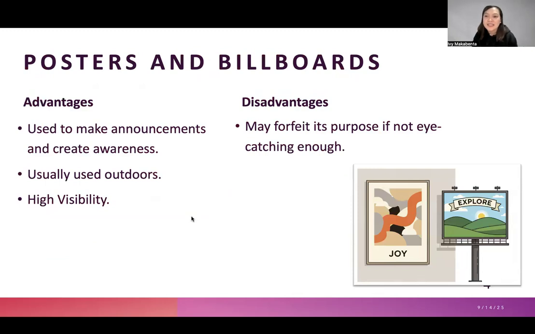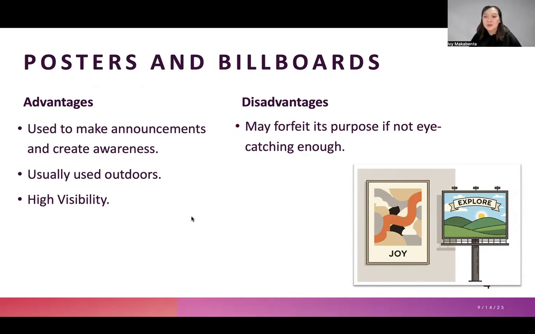Next, we have posters and billboards. The effectiveness of these two relies heavily on their location. They are usually placed in high traffic areas such as roadsides, transport hubs, or commercial districts to ensure maximum visibility and exposure to those going about their day. They are used to make announcements and create awareness.